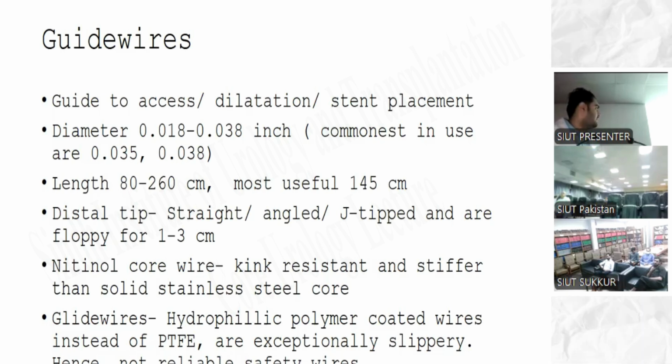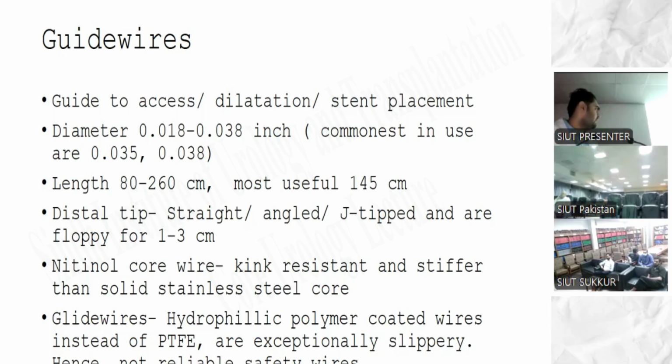Regarding the tip of the guide wire, it can be straight, angled, or J-tipped. And again, as I mentioned regarding the core of the guide wire, the core is made of nitinol, which gives the guide wire strength. It makes it kink resistant and stiffer, rather than a stainless steel core.